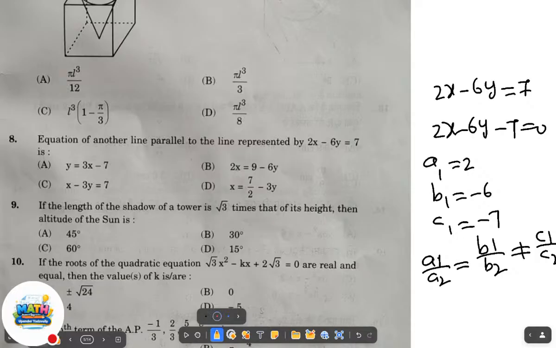Let's take the first option. y equals 3x minus 7.